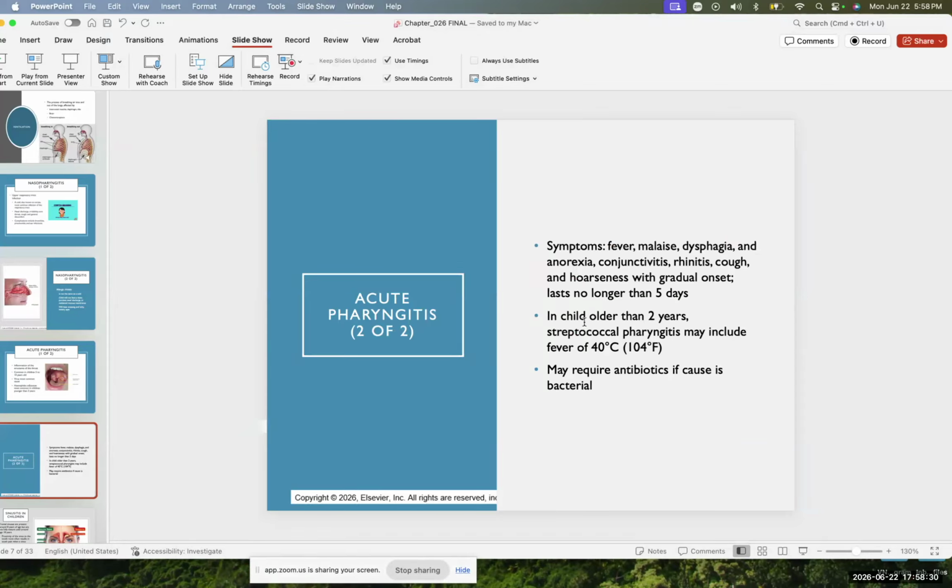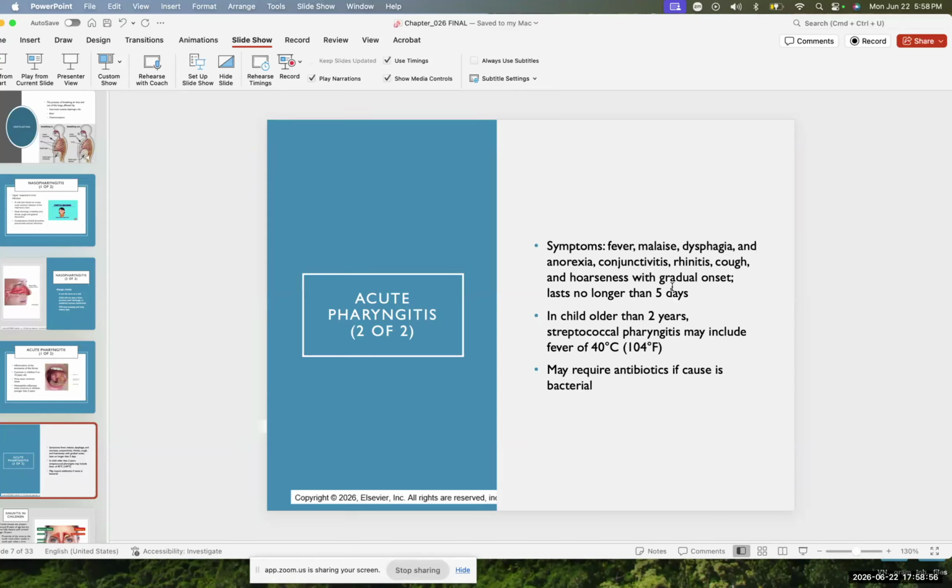Symptoms are fever, malaise, that overall body soreness, dysphagia. What's dysphagia? When you can't swallow. Difficulty swallowing. Anorexia, they don't eat. Conjunctivitis, this is the conjunctiva, it's inflamed.